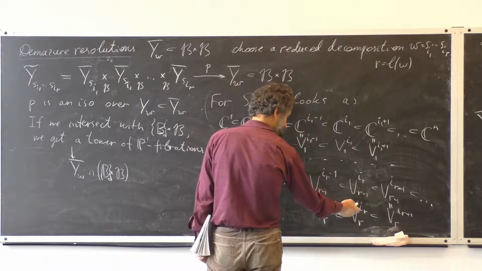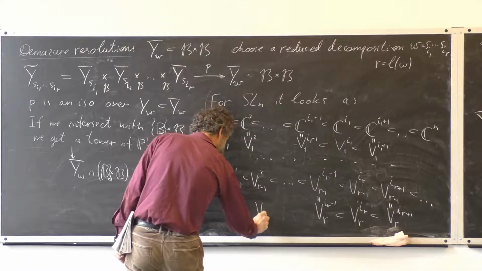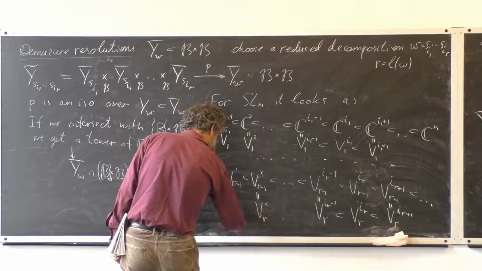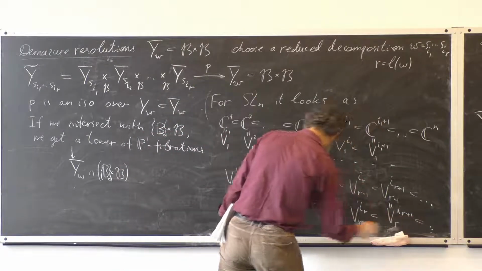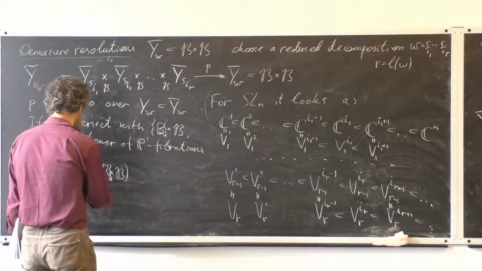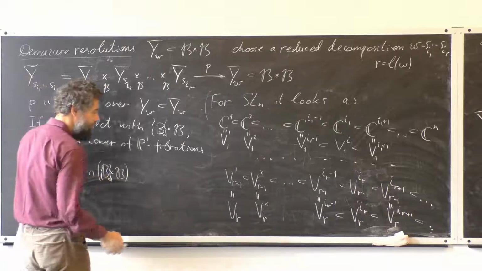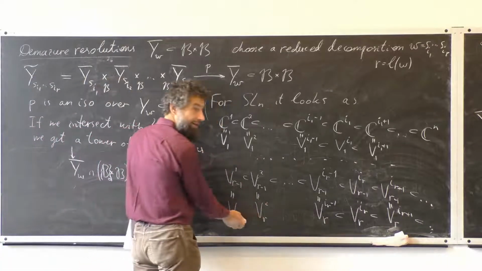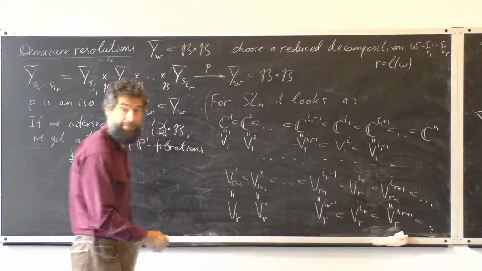So this one is allowed to move, all the rest are the same. Then my projection to this economical Schubert variety closure will be just the last line. I forget all the intermediate steps. I only remember the last line.